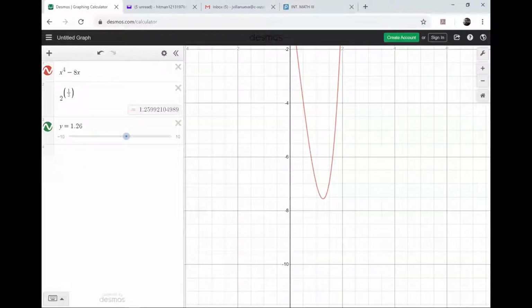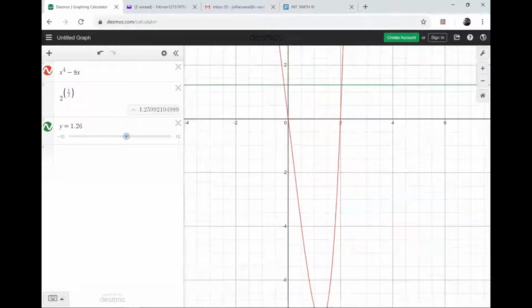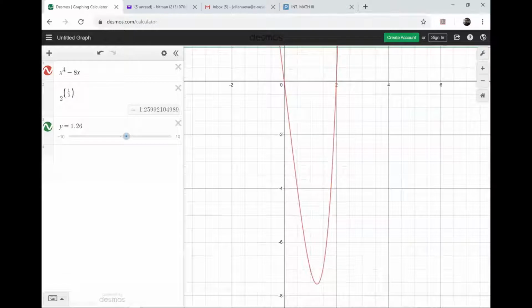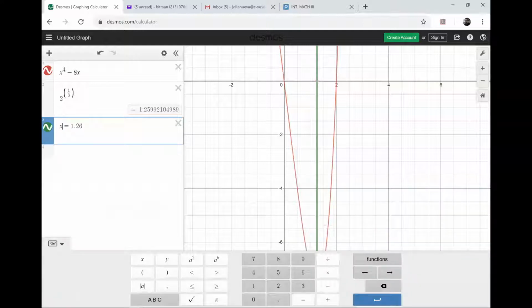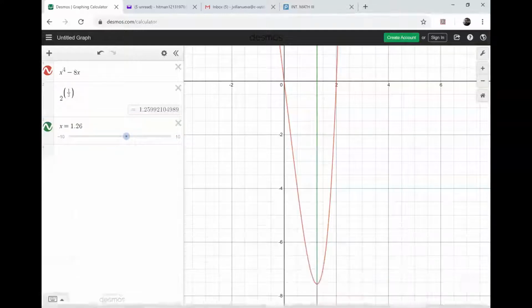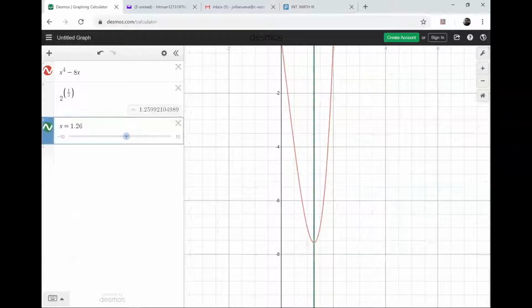I don't know why it's not showing up. Oh wait, never mind. x equal to. Anyway, you see it's crossing right there. That's the 1.26 x value.